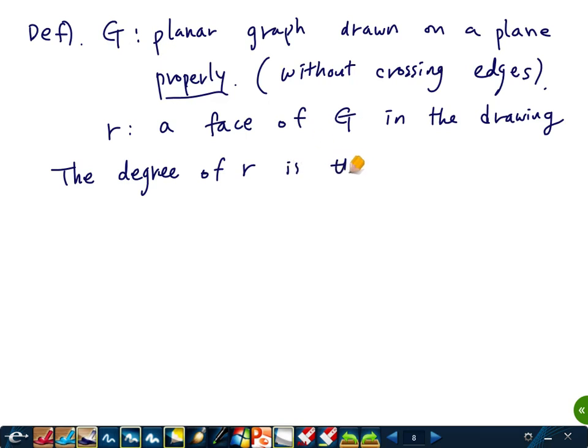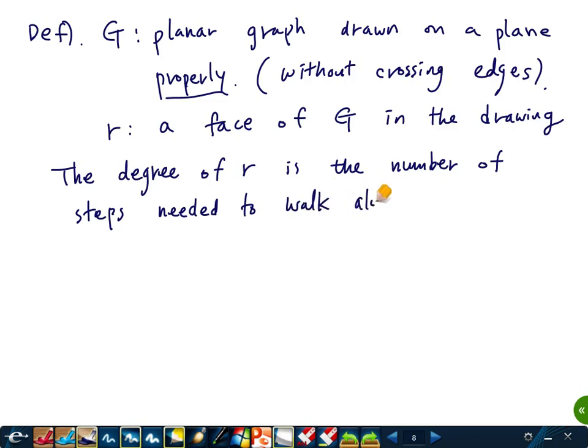Then the degree of R is the number of steps needed to walk along the boundary of R. So it's a little long sentence.